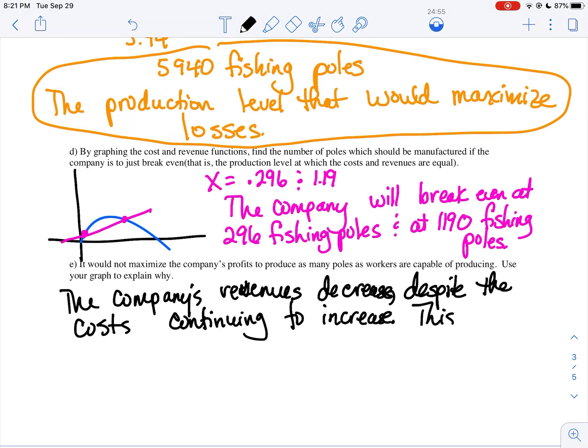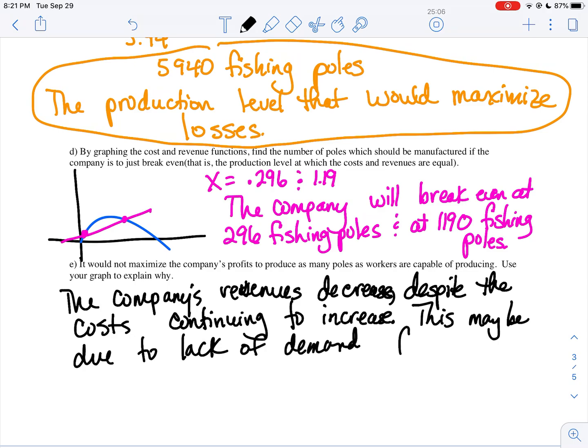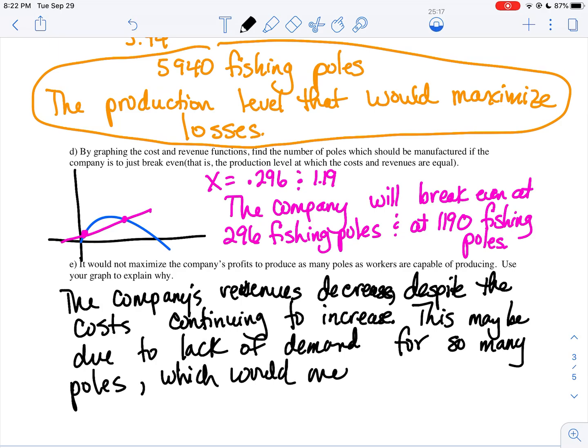This may be due to lack of demand for so many poles, which would mean they cannot sell them all.